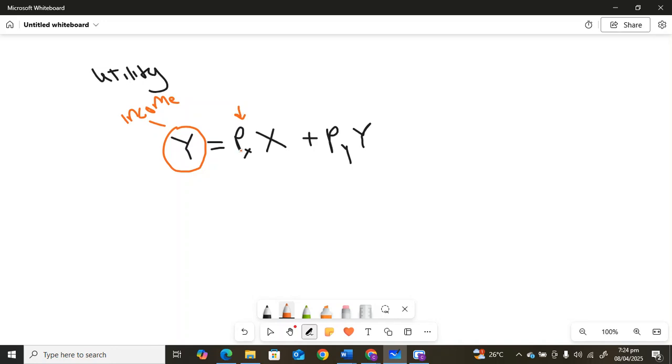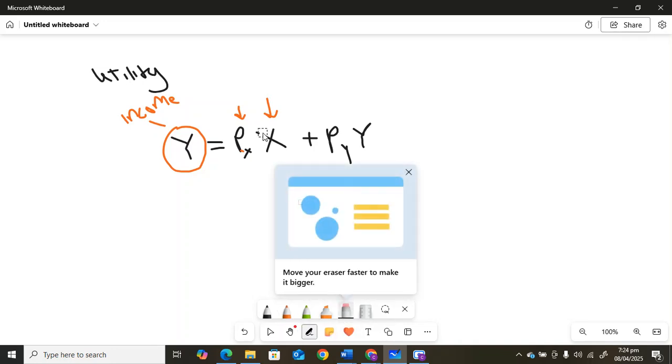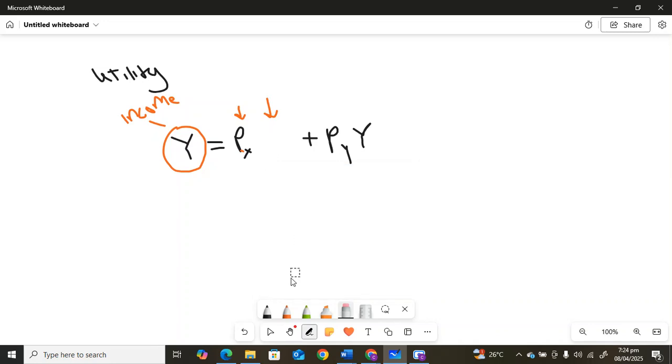Px, this is the price of good X. X, this is the quantity of good X. Let me even put it like this, Qx. At least that way you can remember it's the quantity.